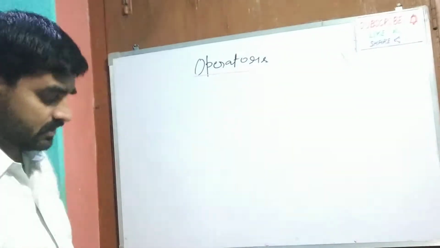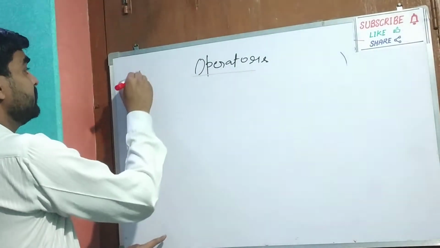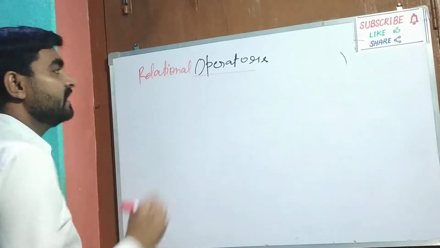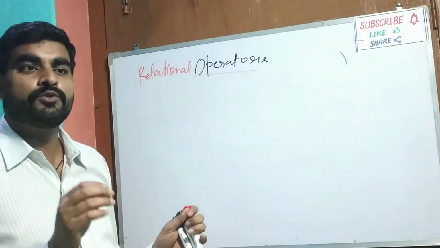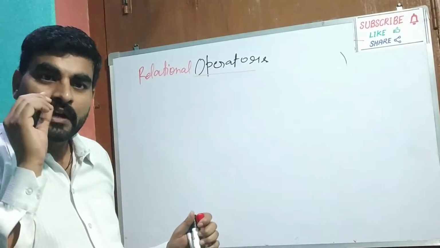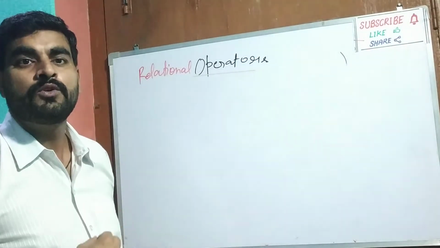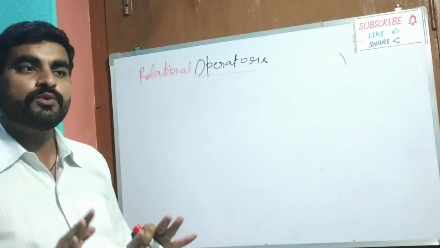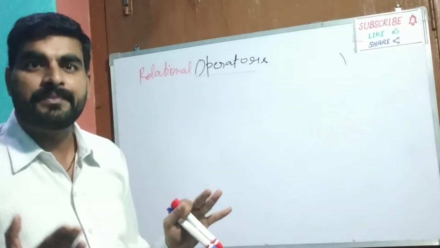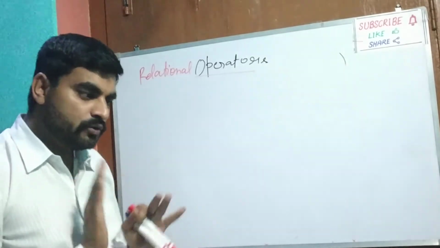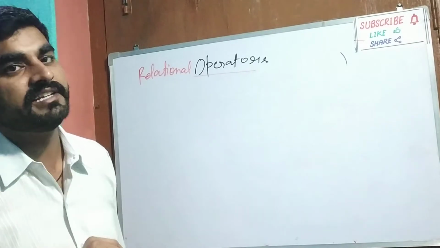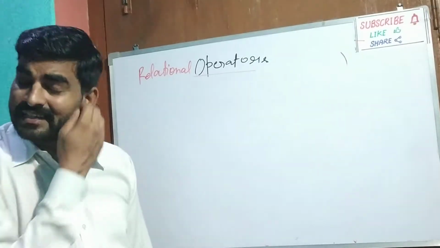Relational operator. What is a relational operator? A relational operator is used to compare two operands. Yes, students, relational operators are used in the form of comparison, or you can say that relational operators make a condition.